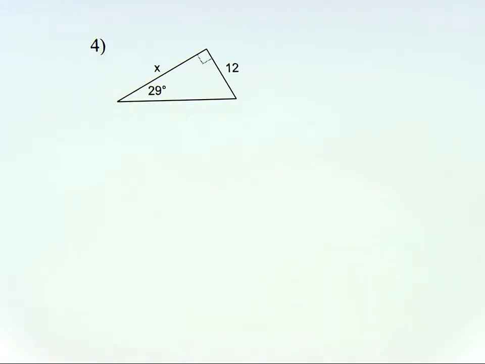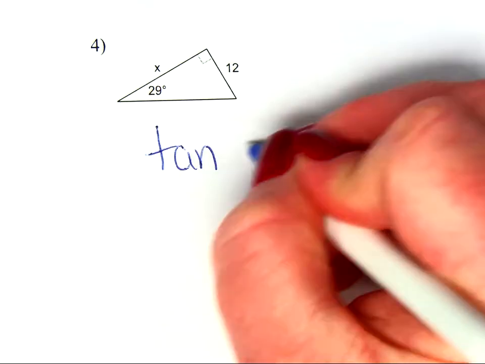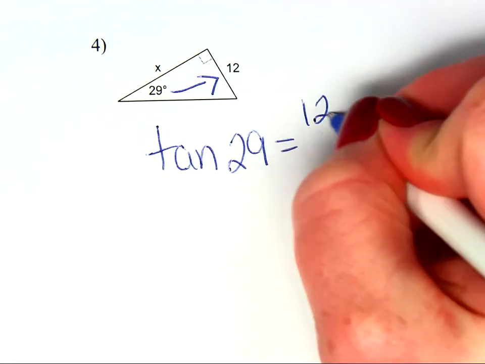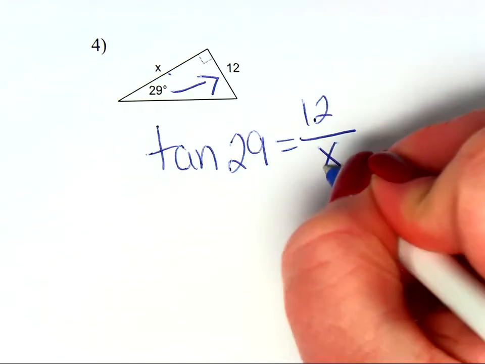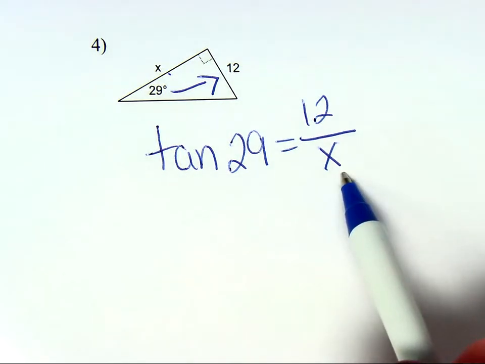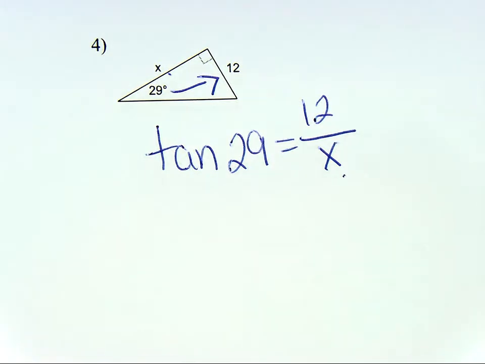So in this example, I see that I have no hypotenuse, so I know that I am taking the tangent of 29 and making it equal to the opposite over the adjacent. When I have X in the denominator, mathematically I would multiply both sides by X and then divide by the tangent of 29.